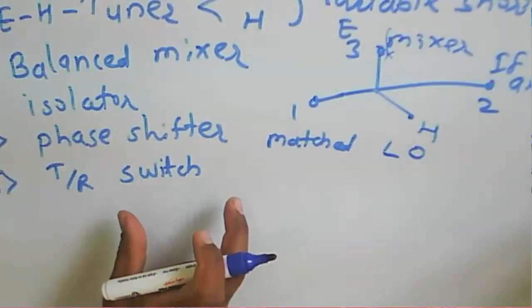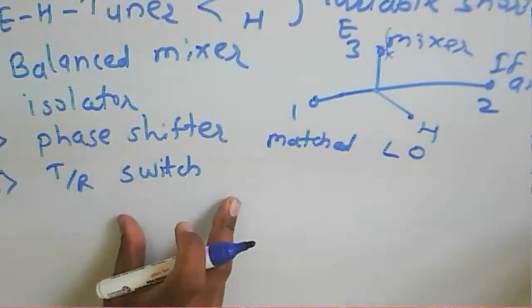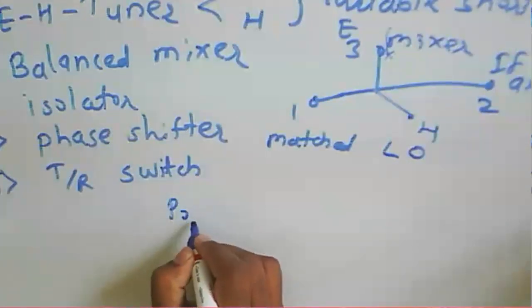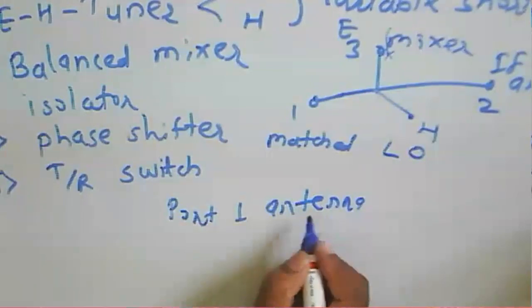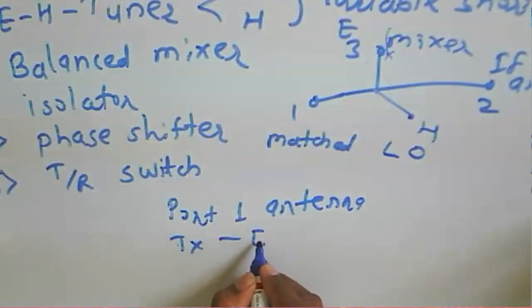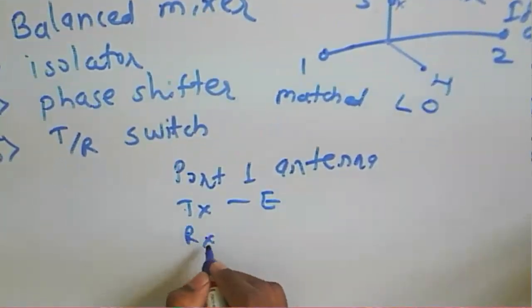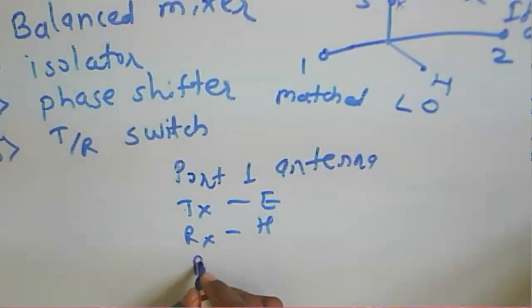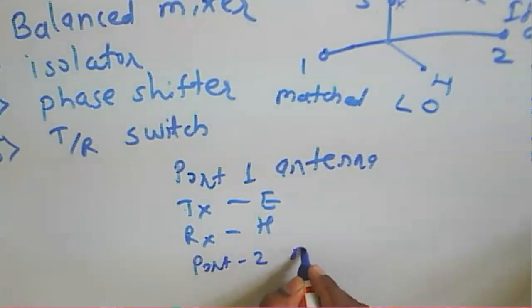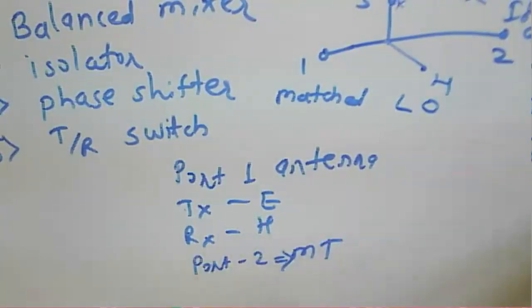For the duplexer, we say that it is a transmitter switch. In that case, we consider port 1 as the antenna, then the transmitter at the E arm, then the receiver at the H arm, and port 2 is a perfectly matched termination.